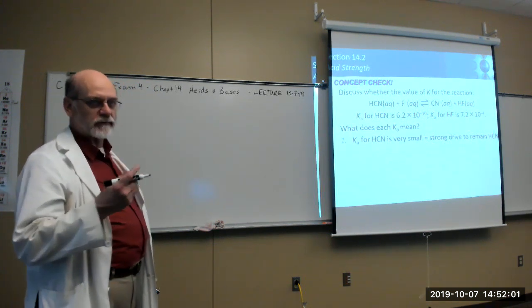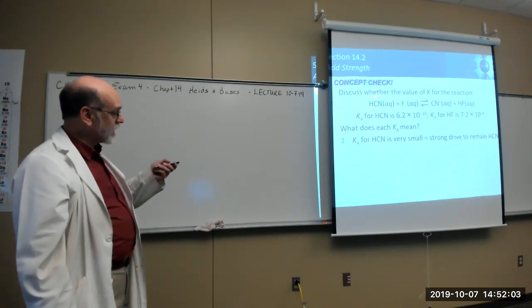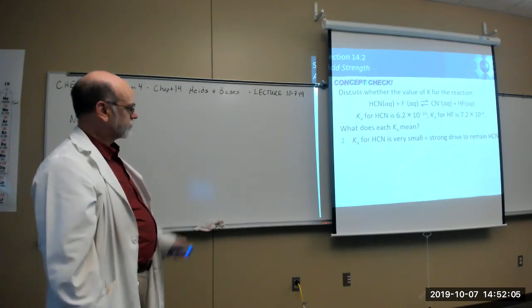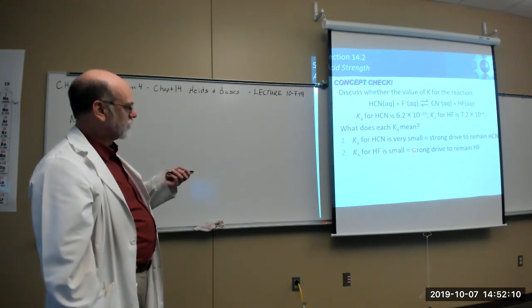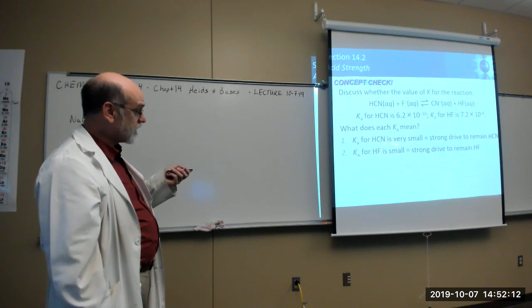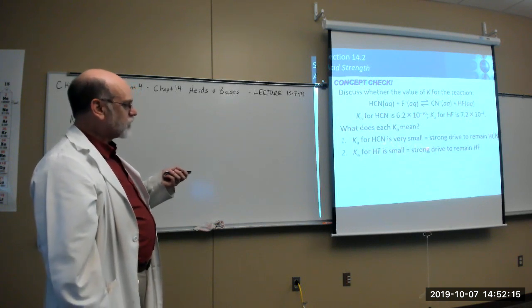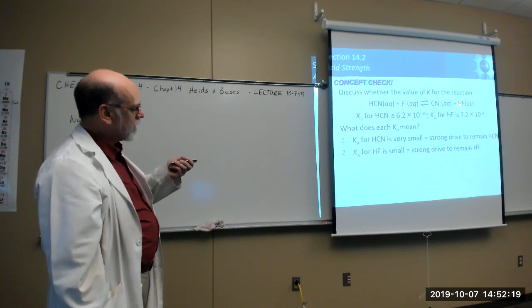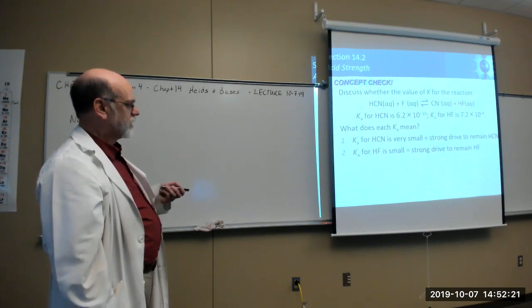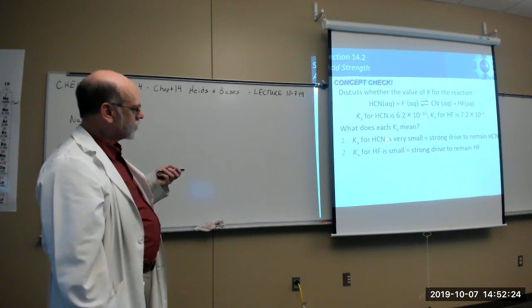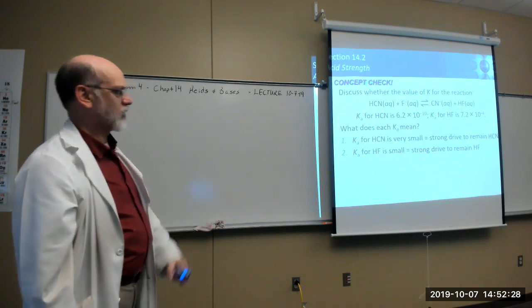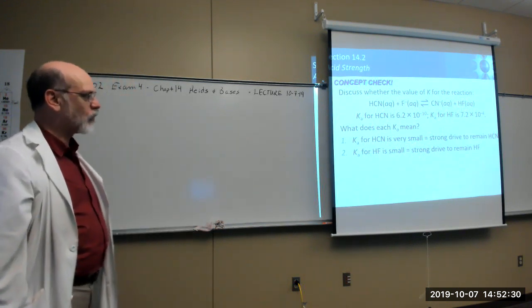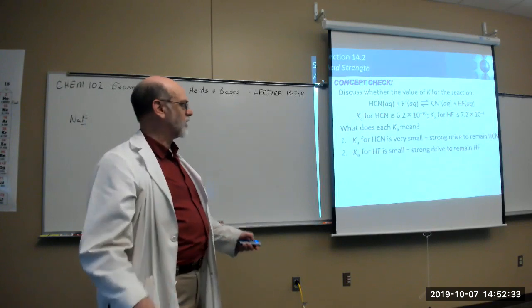Okay, that's the first point. Most of it's going to be HCN over here. The Ka for HF is small. Not as small as HCN, but small. So it's going to be a strong drive to make HF, right? So if this is a strong drive to make HCN and this is a strong drive to make HF, which is the stronger? Which one wants to keep their acid form?